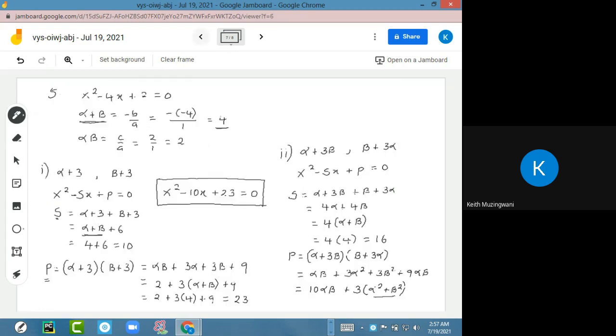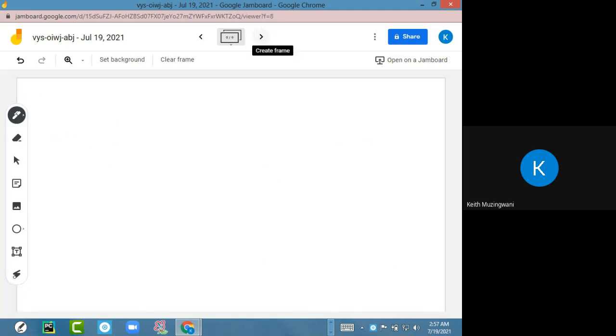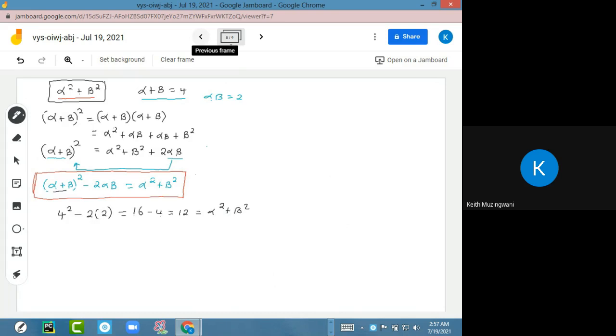Now we can go back to our question and get 10, alpha beta is known to be 2, plus 3 multiplied by alpha squared plus beta squared. We have found it. It's 12.